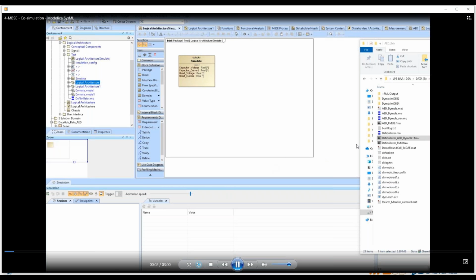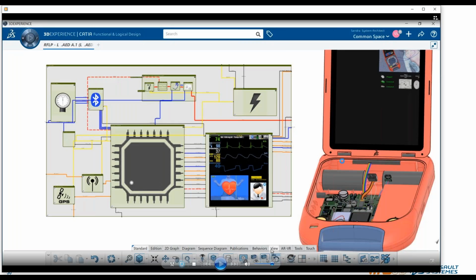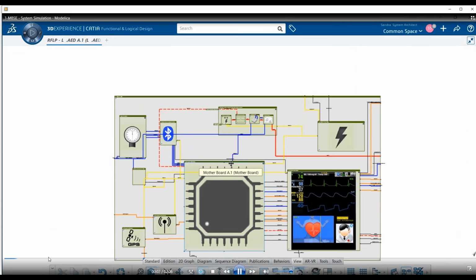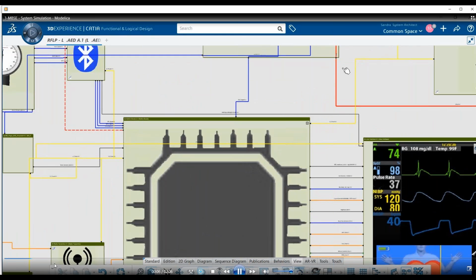So this is one example about Dymola. With Dymola, you can place it in the system model.